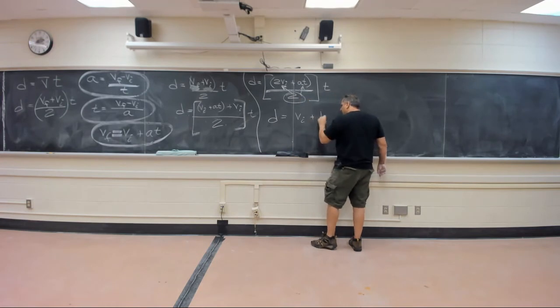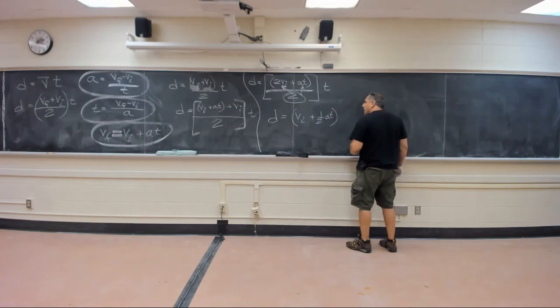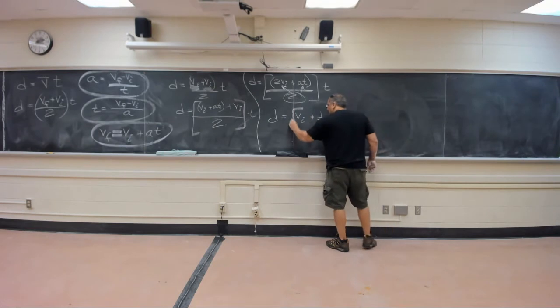2 into here, multiplied by T on the outside of all that.